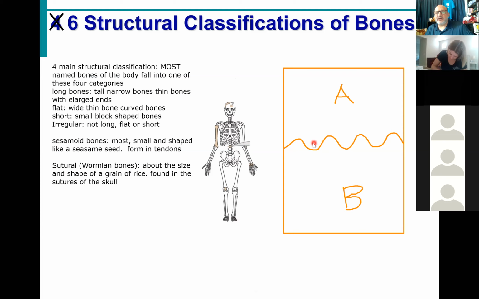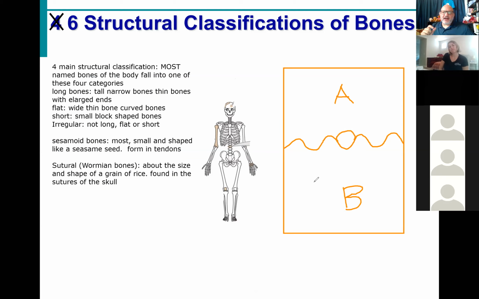Where my pointer is, is that part of bone A or part of bone B? A. What about here? B. What about here? B. Excellent. What will happen is that inside of these sutures, small bones will form as the sutures are forming.